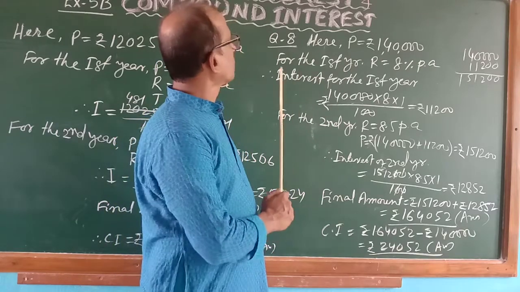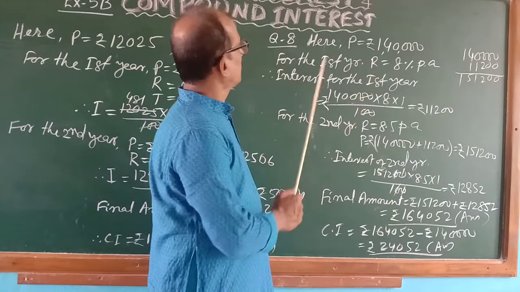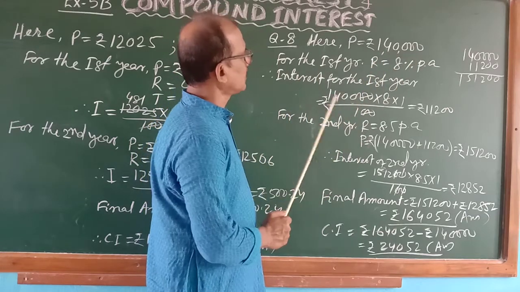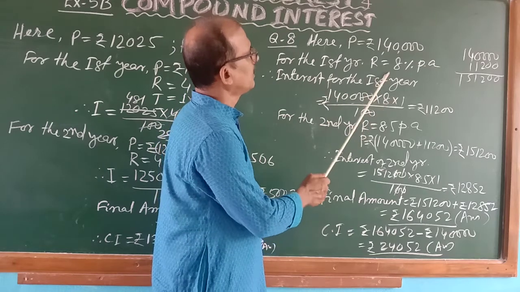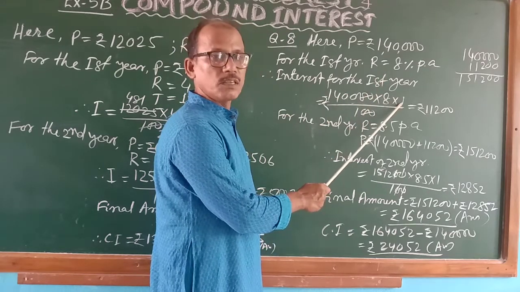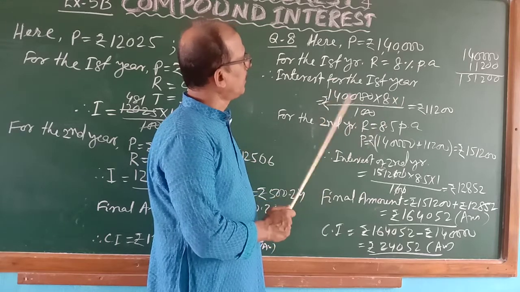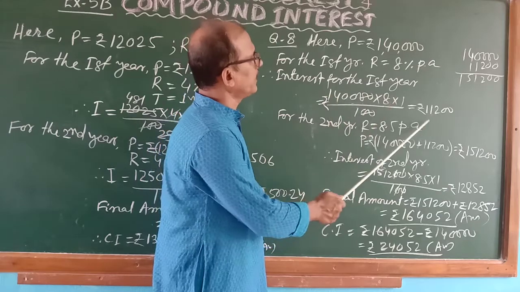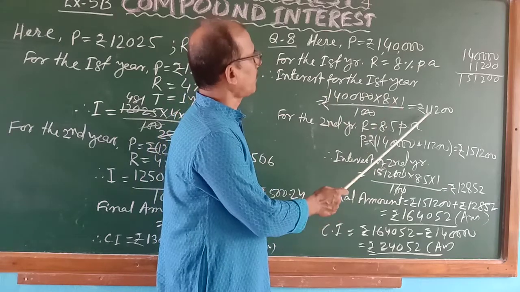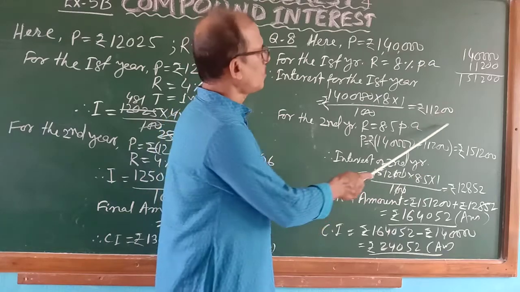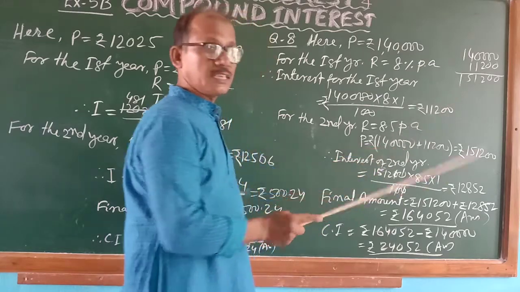The interest will be the principal amount, 1,40,000 rupees, into 8, the rate percent for the first year, into 1 year, divided by 100. The zeros will be cancelled, it becomes 14 into 8, which is equal to 112 with two zeros beside it. That means 11,200 will be the first year interest.